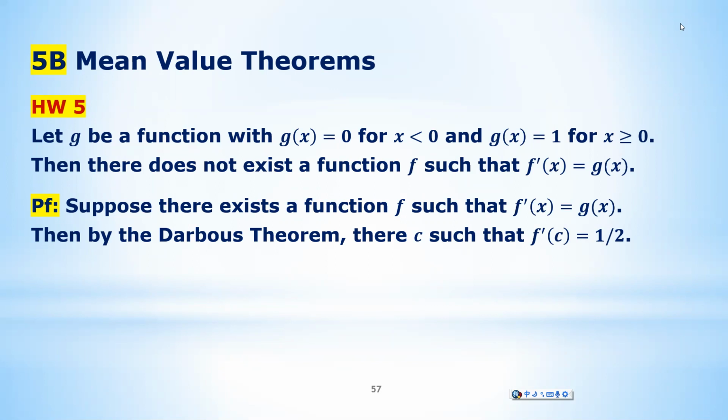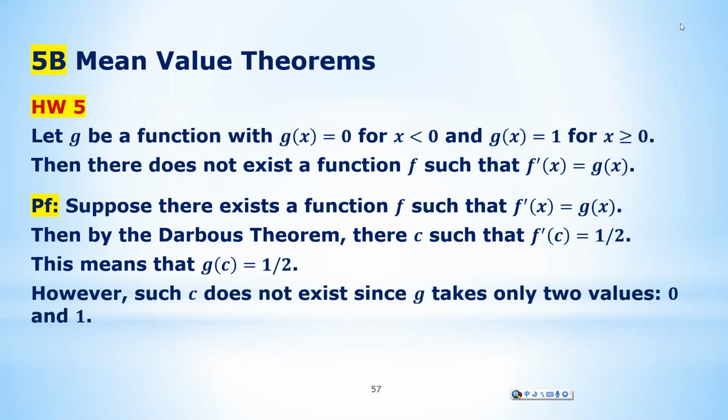The Darboux theorem says that there must be a value c so that f prime(c) equals 1/2. So this means that there must be a value c so that G(c) equals 1/2, but such a c does not exist because the G function only takes two values, 0 and 1. So this is saying that G cannot be the derivative of another function. Okay, so that's homework number 5.